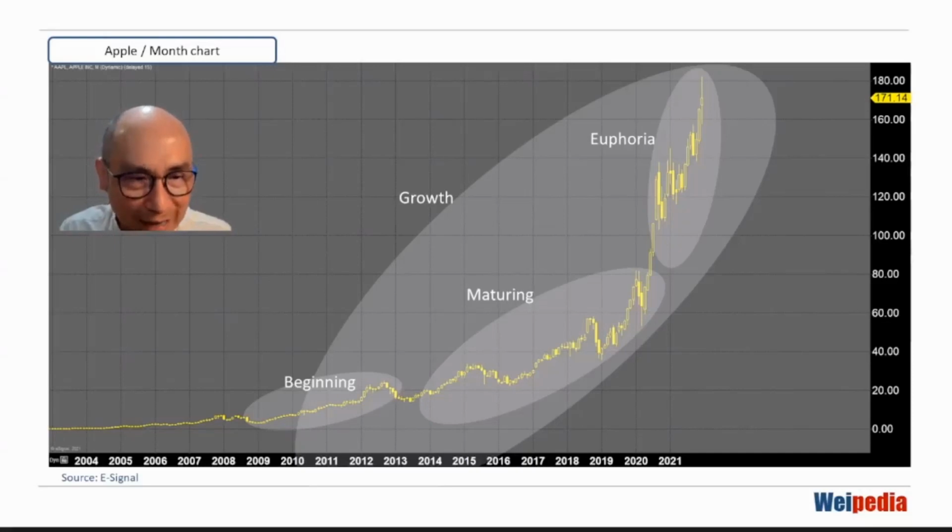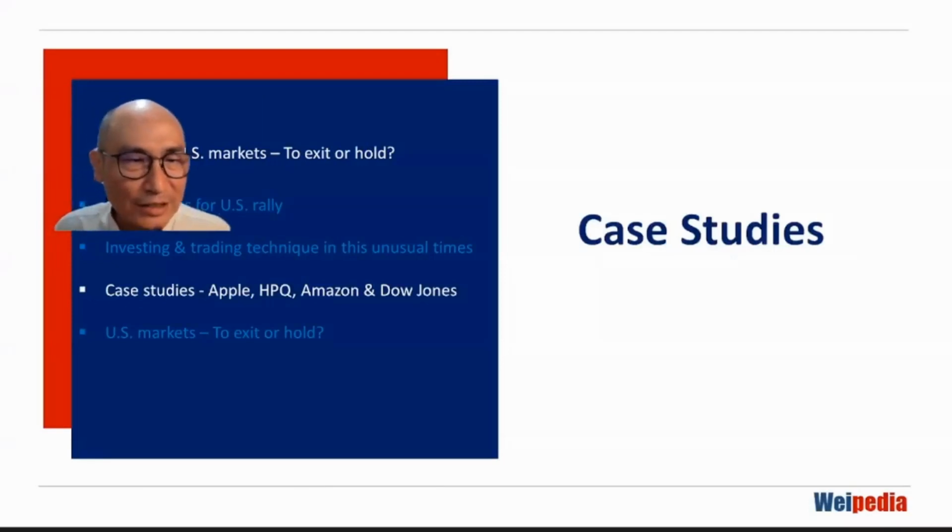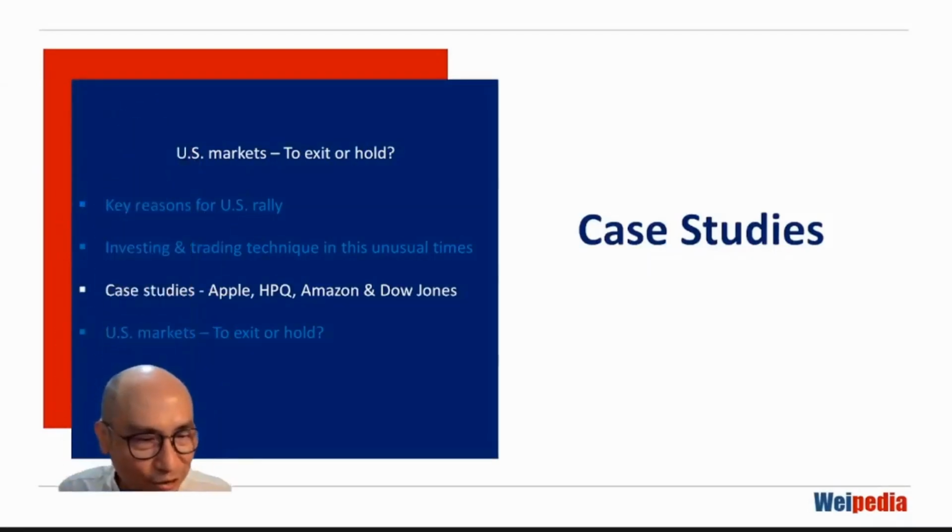I hope you can identify it, but if you cannot, it's okay. At the end of it, I will tell you how to look into it, how to tell whether this growth is at the beginning, maturing, or euphoria stage. Now let's get into the case study of Apple, Hewlett-Packard, Amazon, and Dow Jones.